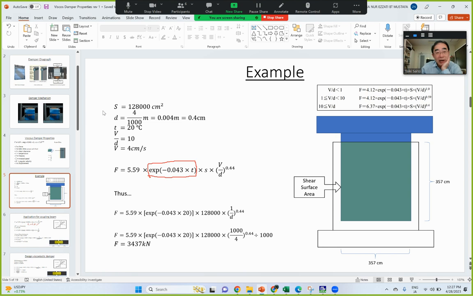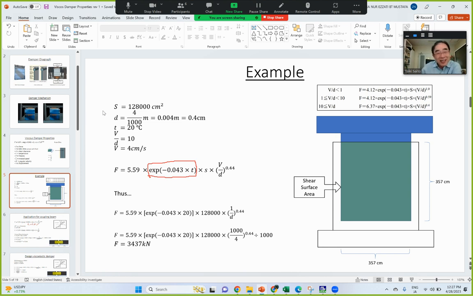Yeah. I remember when I was in Building Research Institute, Professor Kasai used the structural laboratory in Building Research Institute for testing a viscous damper, and it was winter, very cold.